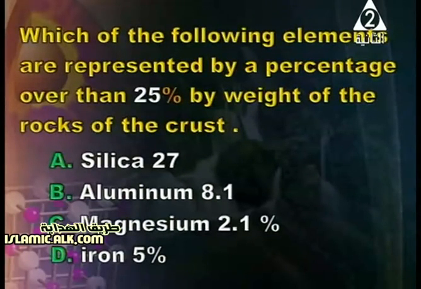As you know, the silica is 25%, aluminum is 8.1%, magnesium is 2.1%, and iron is 5%. So the one element here which is forming more than 25% of the weight of the rocks of the crust is silica.